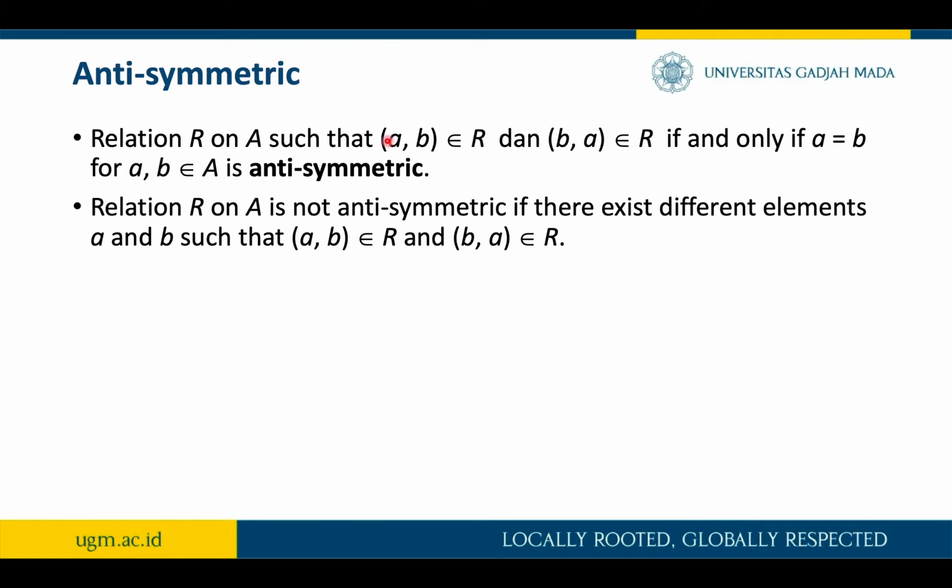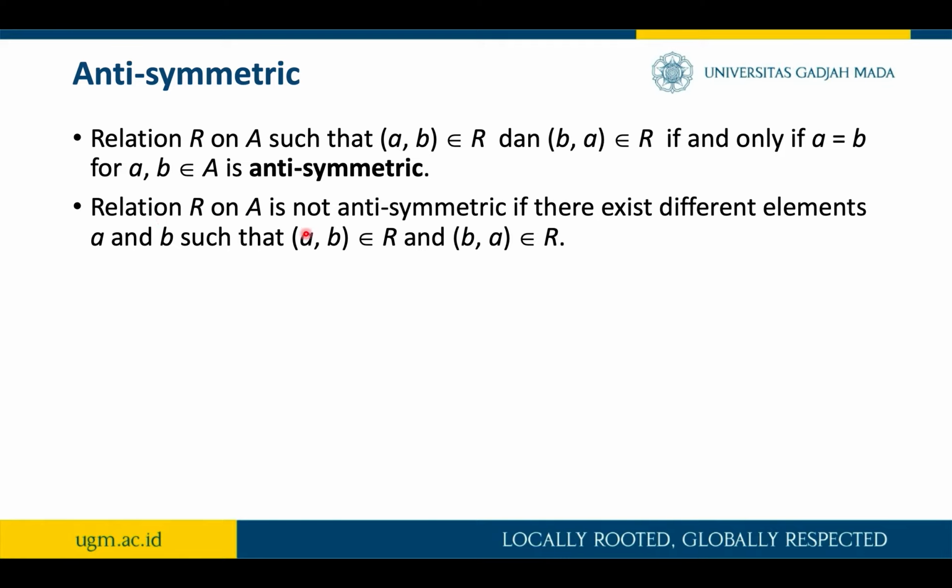Otherwise, if a doesn't equal b, then if (a, b) is an element of R, then (b, a) should not be an element of R. So if (a, b) is an element of R, then (b, a) is not an element of R, except if a equals b.